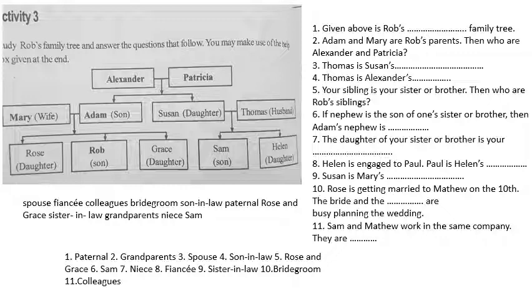Told you already. The child of a brother or sister is called niece or nephew. So Adam's nephew is. Adam has only one sister, that is Susan. Susan has only one daughter, Helen.